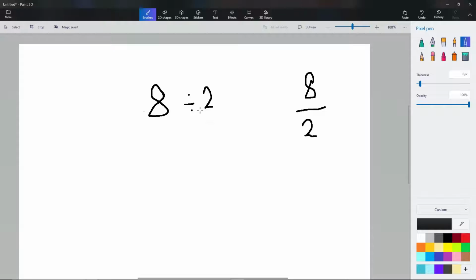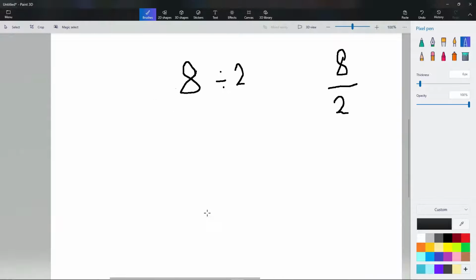However, this 8 divided by 2 is not the same if you add, let's say, a times 2. Now it's not going to be this.